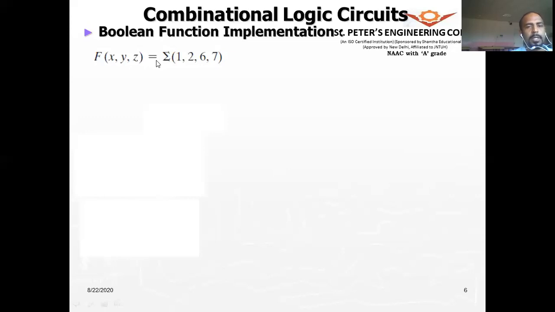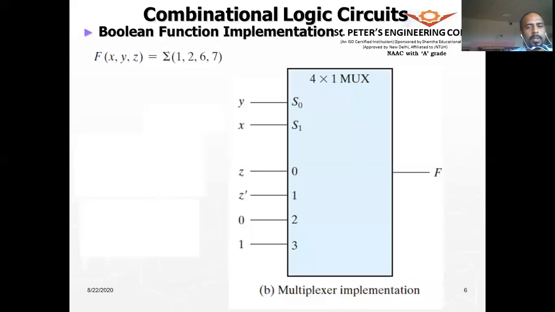All right, now let us try to implement this Boolean function. We are going to treat the inputs x and y as the select lines S0 and S1.